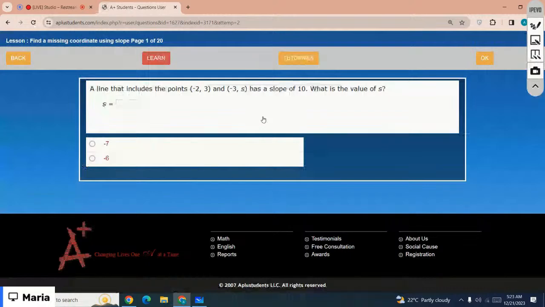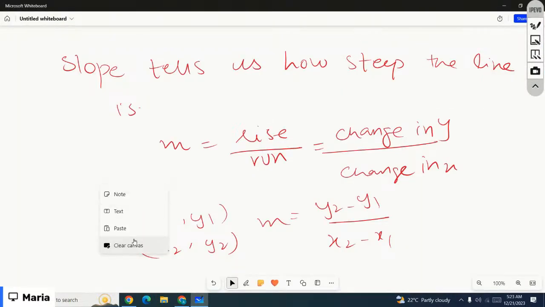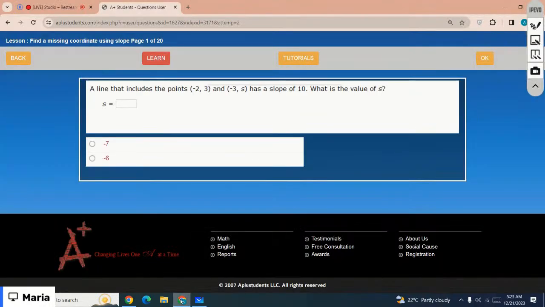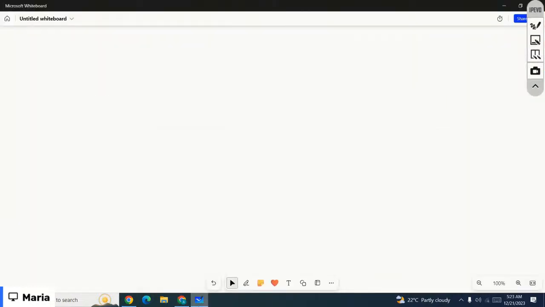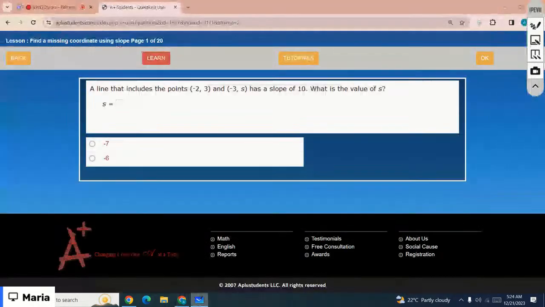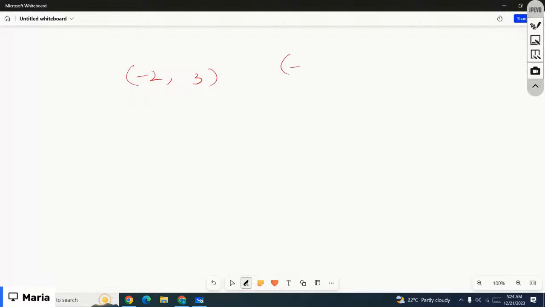Okay, a line that includes the points (negative 2, 3) and (negative 3, s) has a slope of 10. What is the value of s? So you're given the slope and one of the coordinates is missing. You have to calculate the missing coordinate. How do we calculate the missing one? The points are (negative 2, 3) and the other point is (negative 3, s).